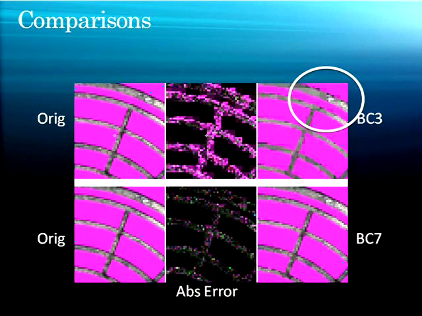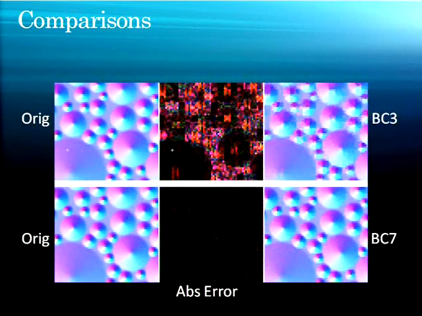And even if you can't see it in the decompressed image, you can definitely see it in the absolute error image, right? The BC7 just has a lower absolute error, so that's what's in the center. This is another example. These are normal maps. Again, the BC3 image, it just looks chunkier and blockier, and you can certainly see that in the absolute error image in the center.